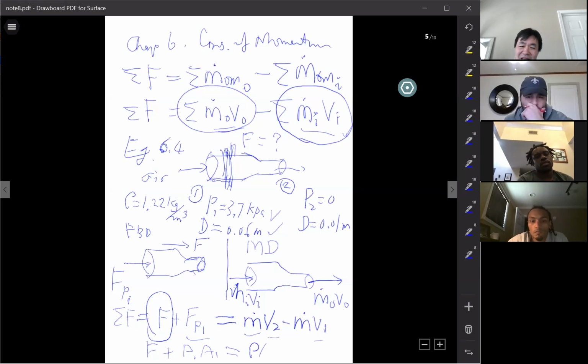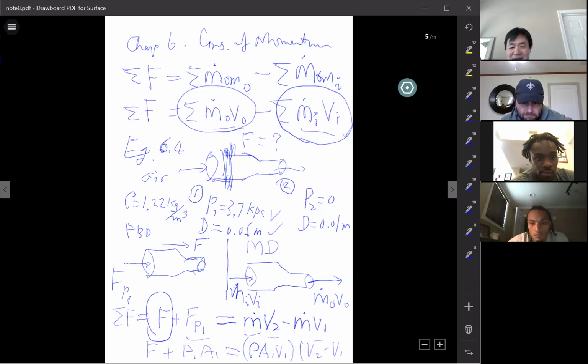Can I use the inlet area, A1 times V1? Yes, that's my mass flow rate. Now I can group them together and factor them: m dot times V2 minus V1, right? Yes.